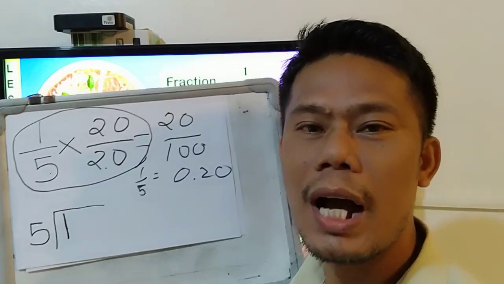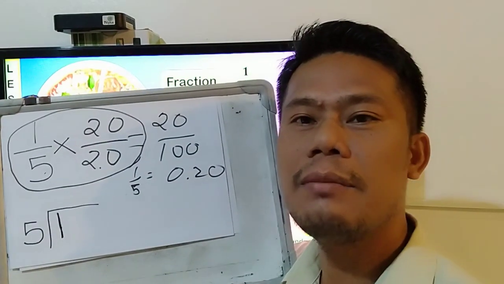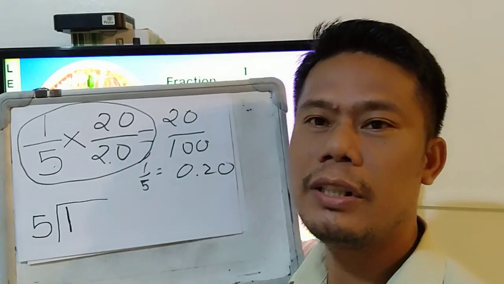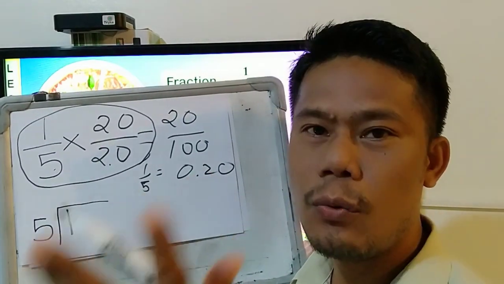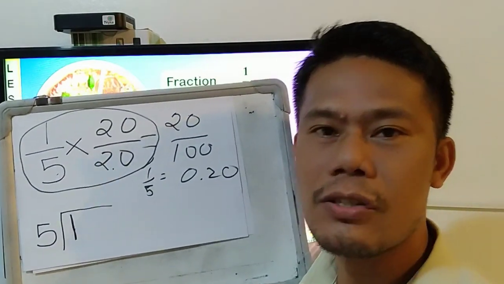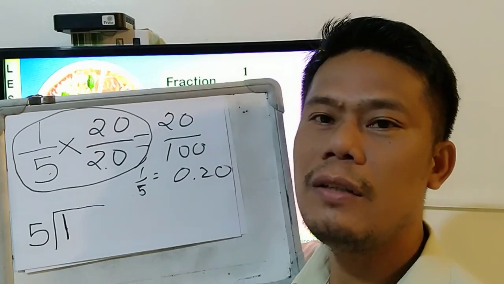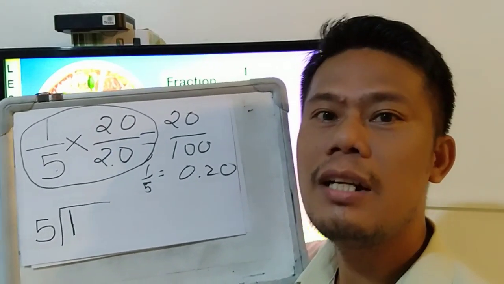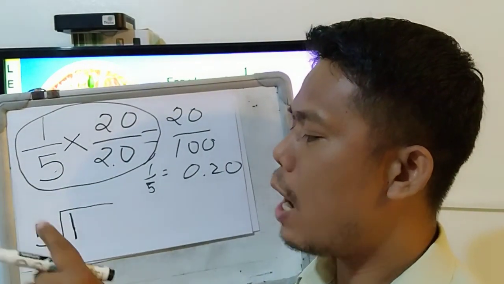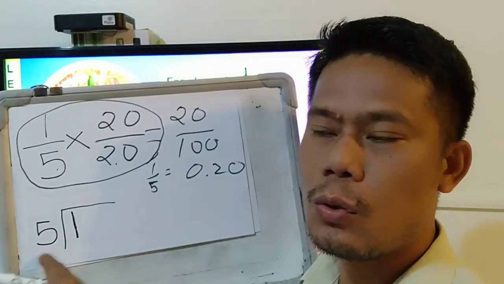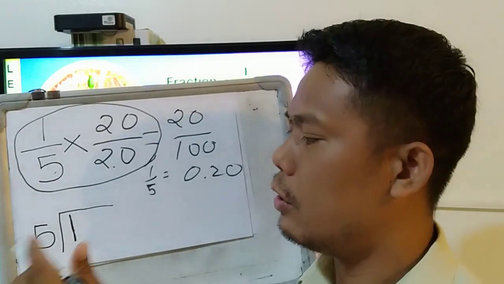So we look for the number that can be multiplied by the denominator so that the product becomes 100. Now, another way is by dividing the fraction. So how do we divide? The numerator divided by the denominator. So let's have this 1/5, so 1 divided by 5. 1 divided by 5 cannot be done, so it is 0.